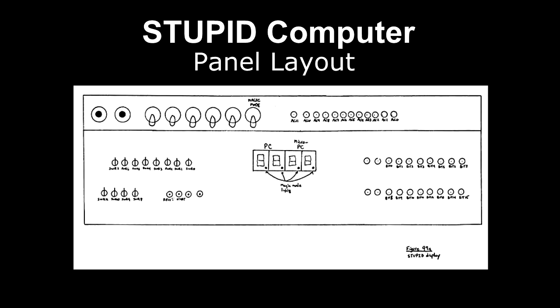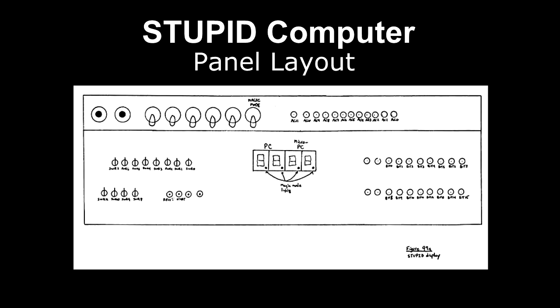What happens if you're in magic mode and you press reset is it will read the switches, the switch register, and it will display the value in that location, I guess on the accumulator lights. It's been a while, but I think it was on the accumulator lights. It would display the current value. You could then modify that location by setting the switches and pressing one of the buttons.